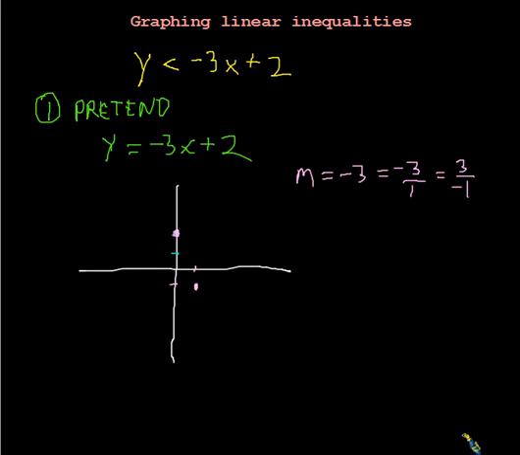And then the question is, is our line going to be solid or dashed? And that's where we get to step 2. In step 2, we're going to choose solid or dashed for our line. In this case, because we have a less than symbol, let's go ahead and make this line dashed.